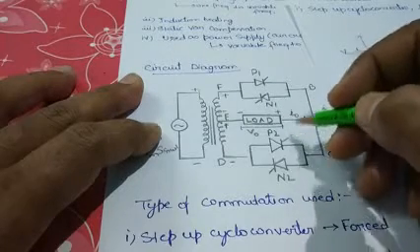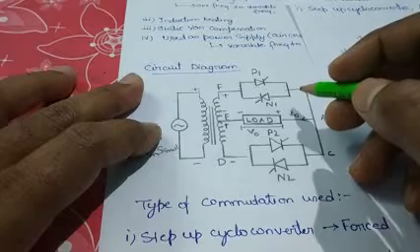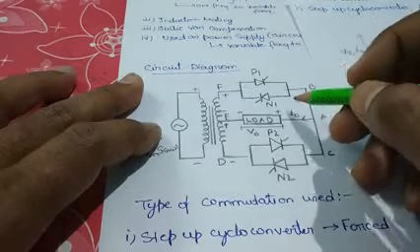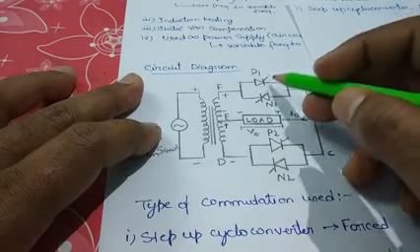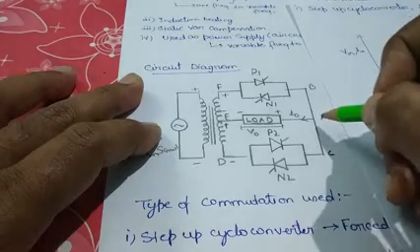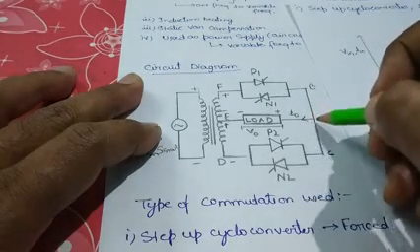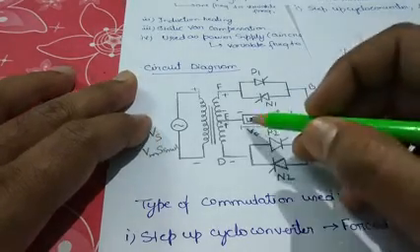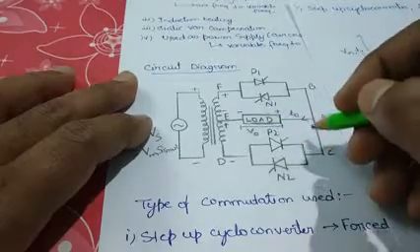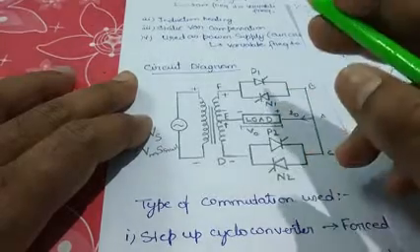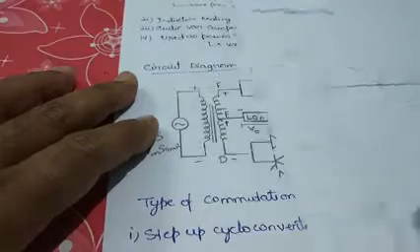Yes, P1 and N2 are capable of conducting. So first we need the positive cycle. Let's suppose the direction of current from A to E is considered positive. For that we need to trigger P1.